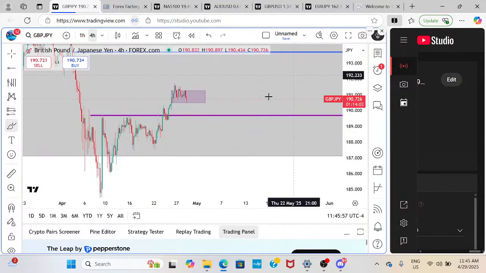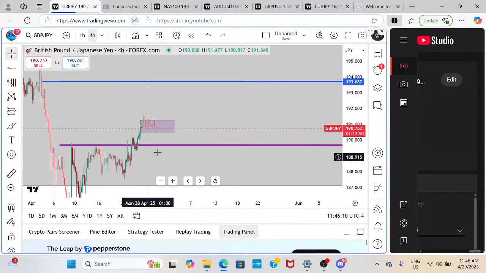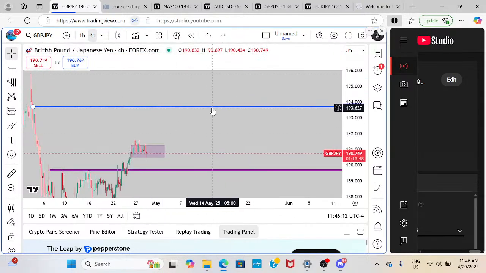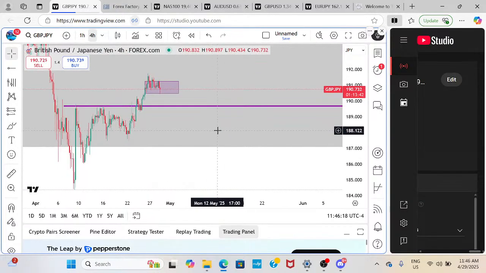Okay, so slightly below 188.24. If you want to enter the trade, right, and then you want to target 193.62 as your take profit, set your stop loss slightly below 188.19.